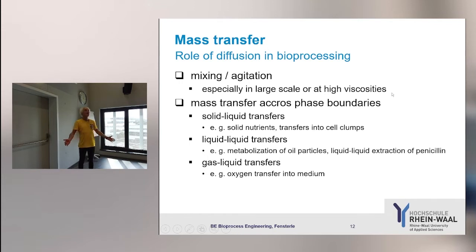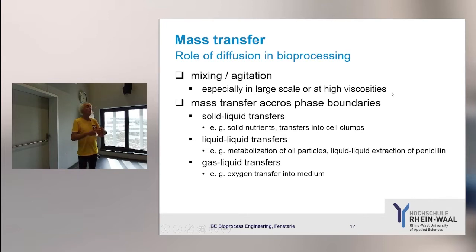However, if you go up to larger and larger scale, it's getting more and more difficult to achieve that. And of course, if you go to higher viscosity fluids, even in a small bioreactor, if you put in honey, for example, you cannot stir it like this. So there, diffusion is of course highly relevant.